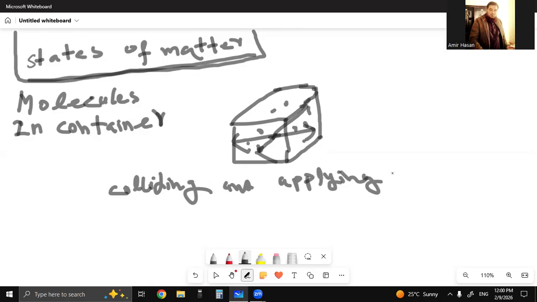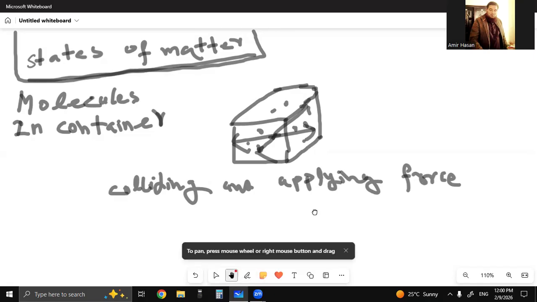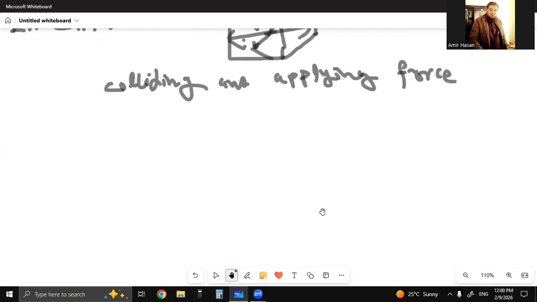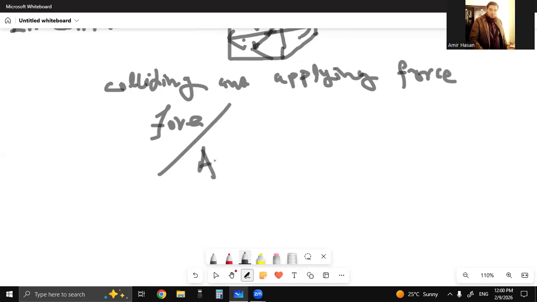Collision is basically applying the force. And when force per unit area is applied, it means pressure is formed. The force of the collision of the molecules per unit area on the container forms the pressure.